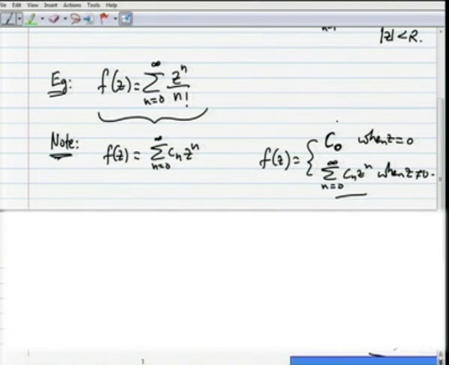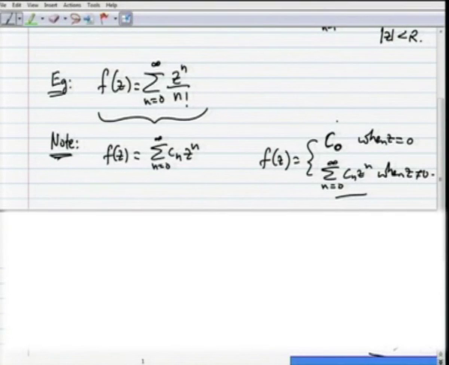Note for type 2 series that f of z is defined to be C 0 when z equals a, and f of z is sigma C n z minus a power n when z is not equal to a. One needs to make the distinction because at z equals 0 and n equals 0, you have the ambiguity of 0 raised to 0, and 0 power 0 is not defined.